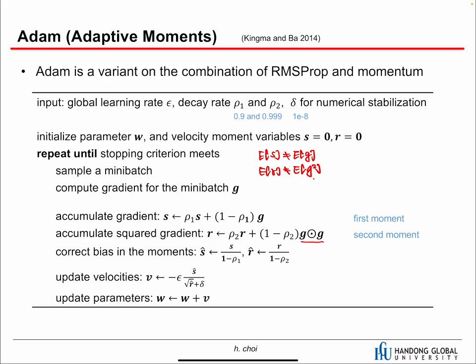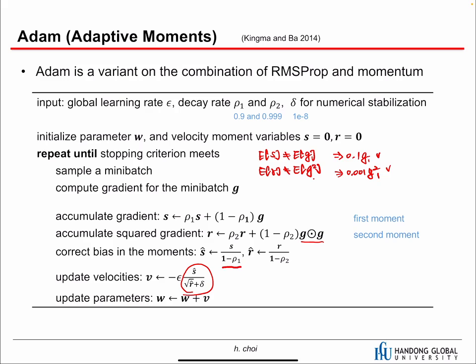So in the beginning, S is quite small. S is 0.1 g1, the first gradient, and R is 0.001 g1 squared. So this is quite a small number, and since we have this, it is changing a lot. So instead of using these two numbers, we can actually correct the bias.